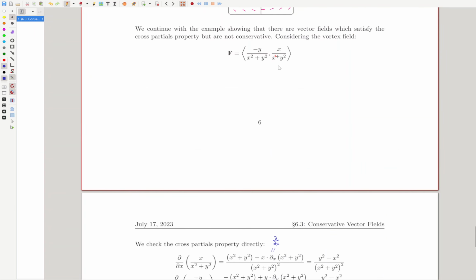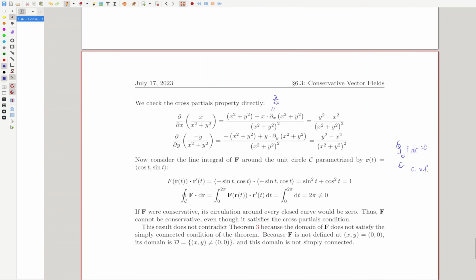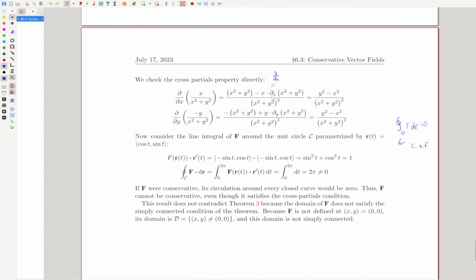So notice that this vector field is not defined at 0, 0. If I try to plug in 0, 0, I get division by 0 errors. So this vector field is undefined at the origin. And then we just take the parameterization about the unit circle.